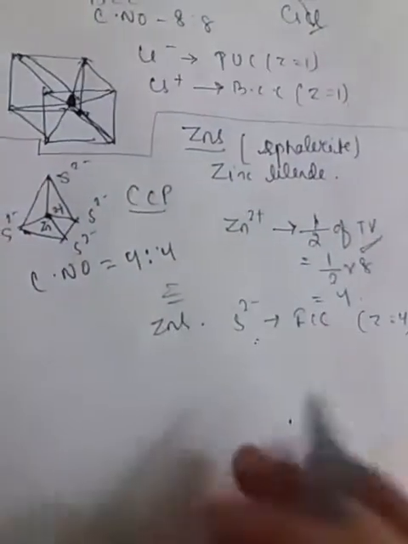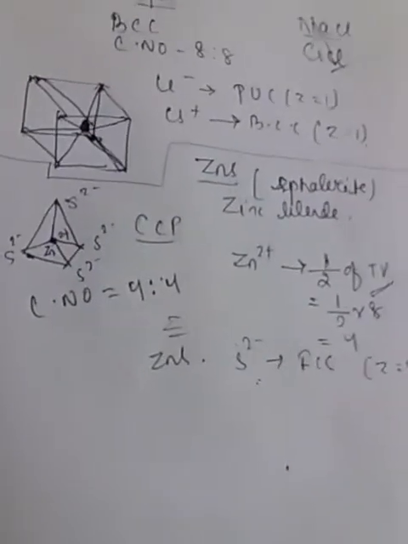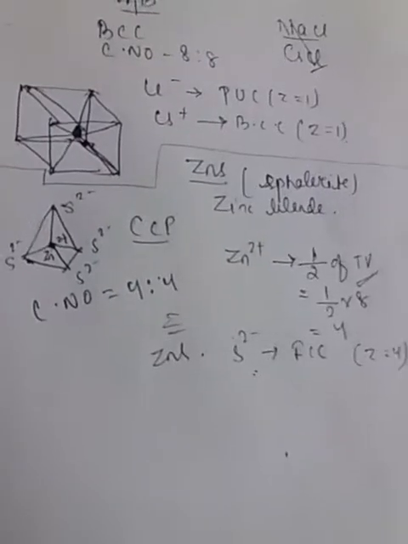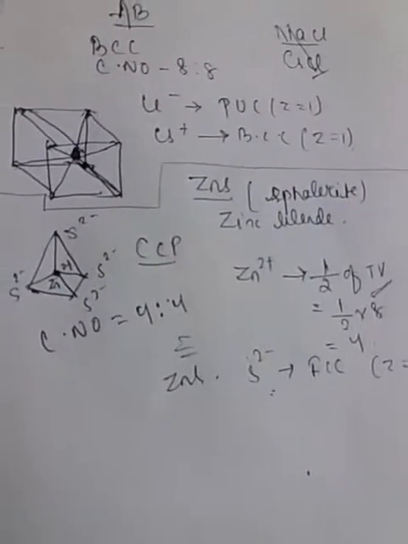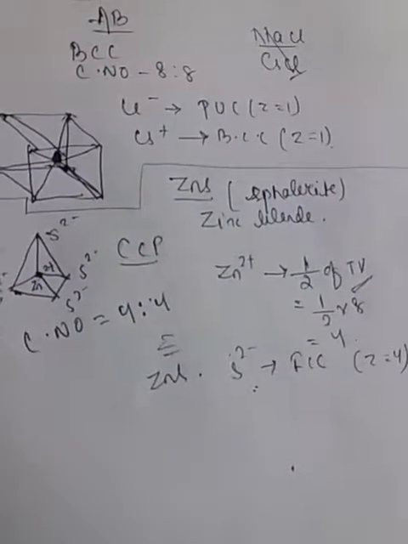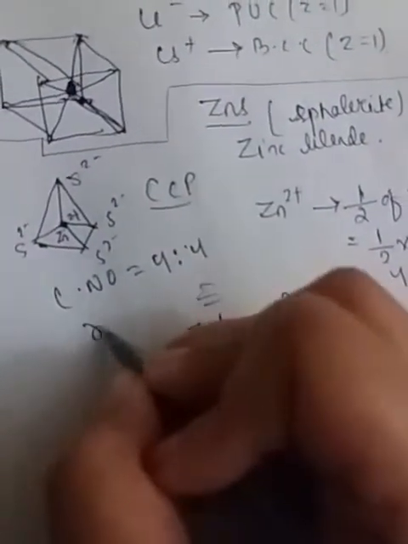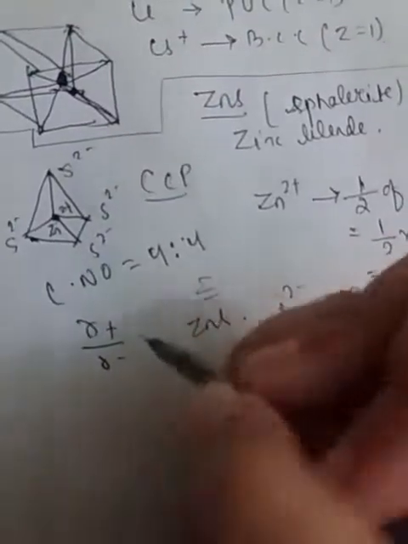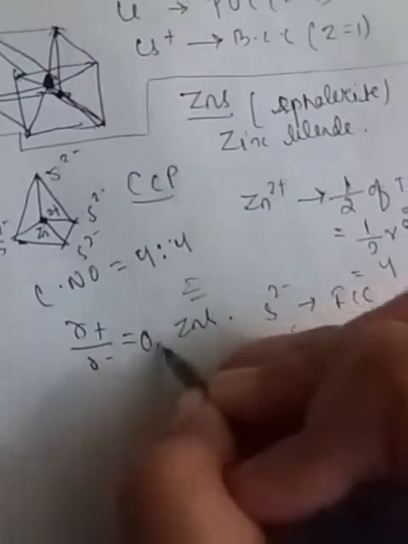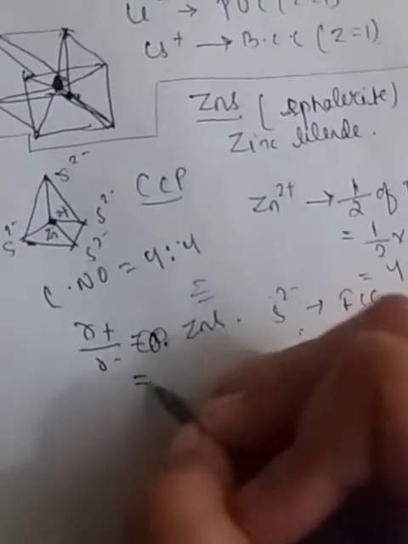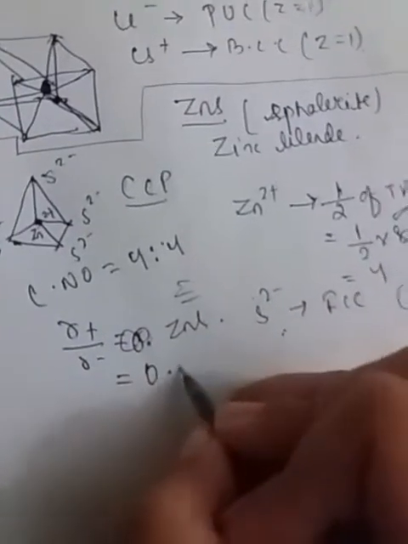Then the next thing that comes over here is its radius ratio. Its radius ratio is a bit complicated one. Still, see here, r plus by r minus is equal to 0.40.